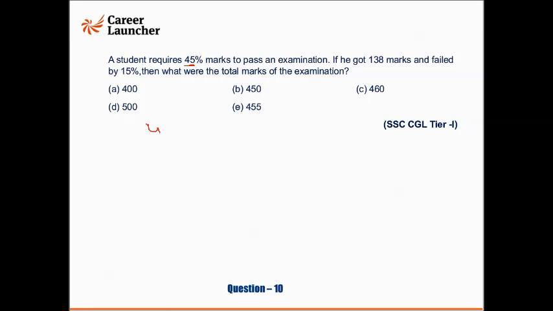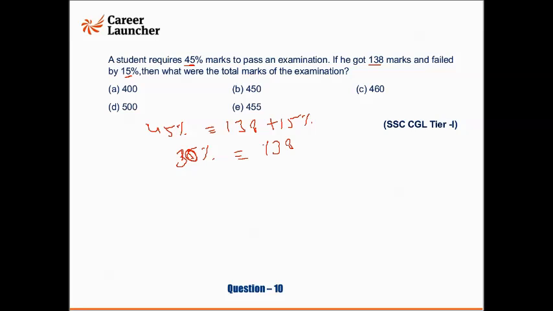That is 45% is equivalent to 138 plus 15%, because if we add this 15% to 138, then that will be equal to passing percentage, and passing percentage is 45%, right? So if you take this 15% this side, you will get 30% equivalent to 138.